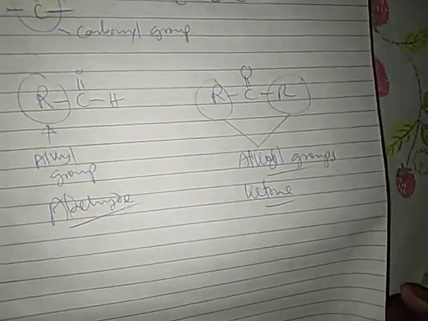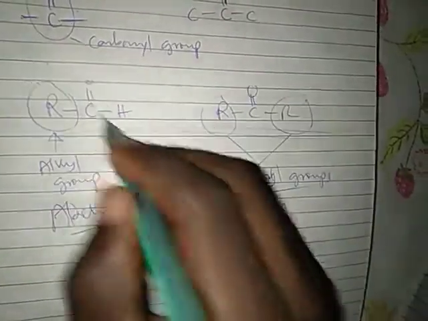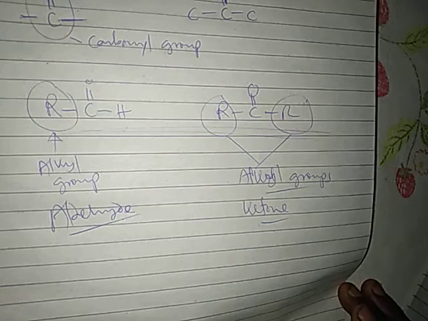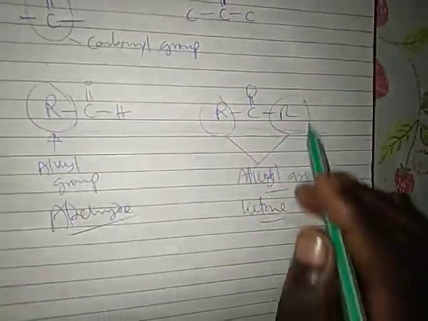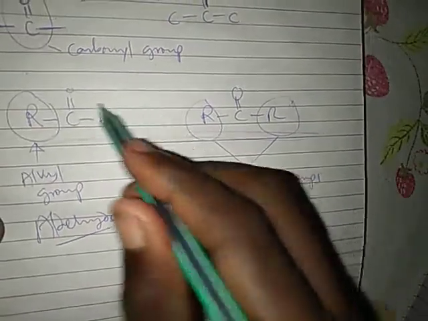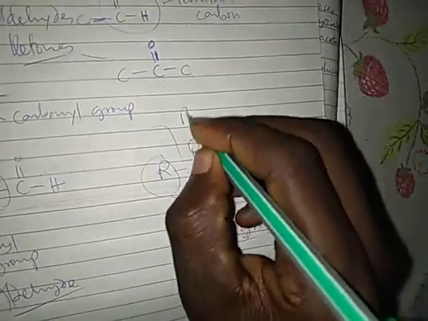The reactivity of these groups also differs. Aldehyde is more reducing as compared to ketone, but all of these are reducing groups.